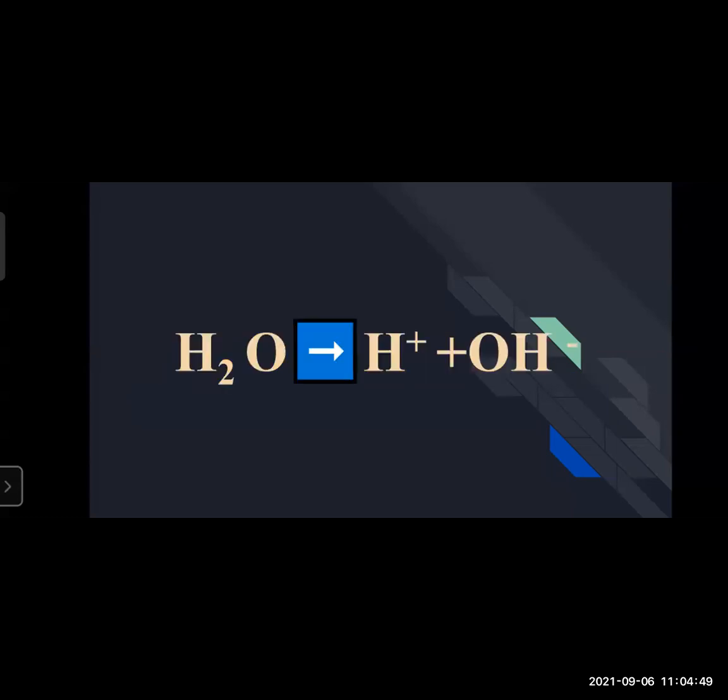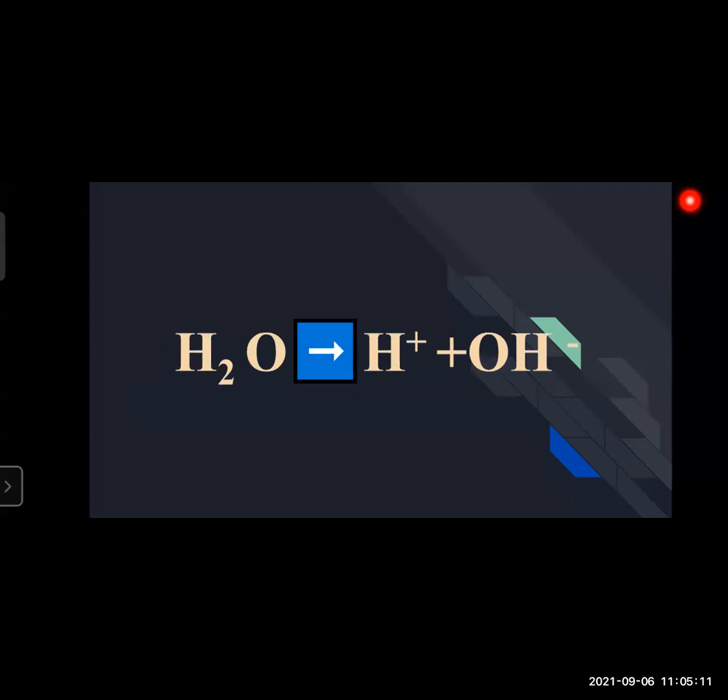Now, what is the pH of solutions? Now we have seen that acids and bases dissociate to a smaller or larger extent on dissolving in water, forming H plus and OH minus ions respectively.